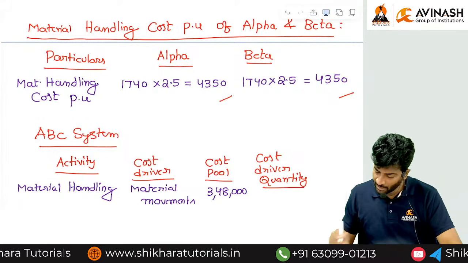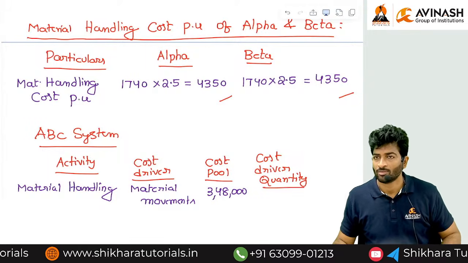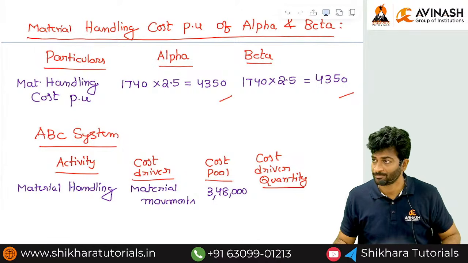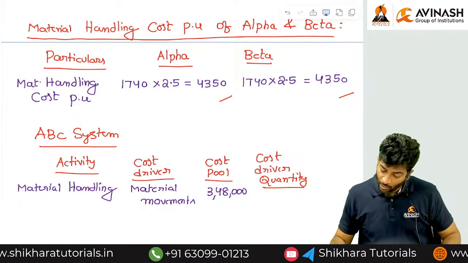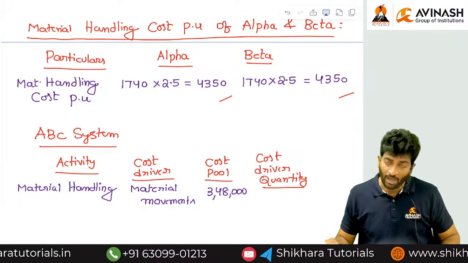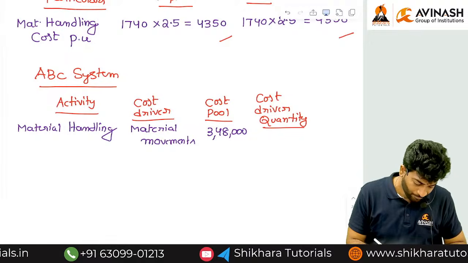Cost driver quantity, 40. Sir, 40 units is alpha, sir. Units, finished goods. See, go through the information. We have 40 units of alpha.